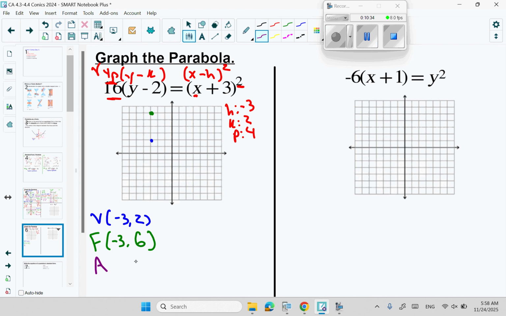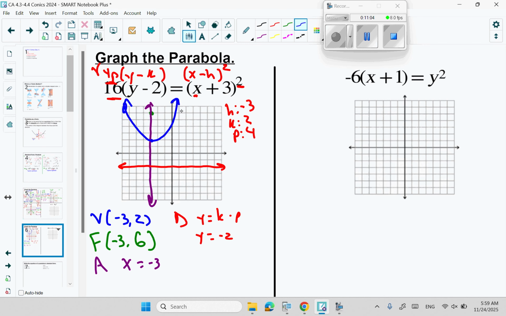Our axis is going to be x equals negative 3. And our directrix is going to be y equals, remember that's k minus p, so 2 minus 4, so we get y equals negative 2. And then our parabola opens up towards the focus, away from the directrix.